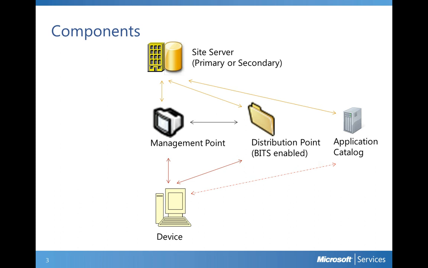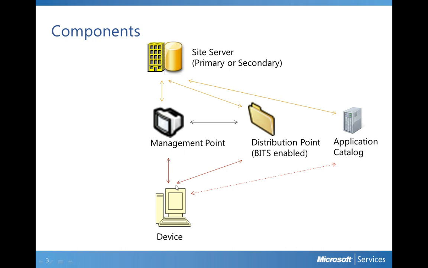Then we have the black line here where we have the management point talking to the distribution point. This is where I wish I had IIS/management point like I do on the next slide. This is really not so much the management point talking to the distribution point, but IIS talking to the distribution point. So here we note that every distribution point is BITS enabled. When you install a BITS enabled distribution point, it will actually place a component in IIS.